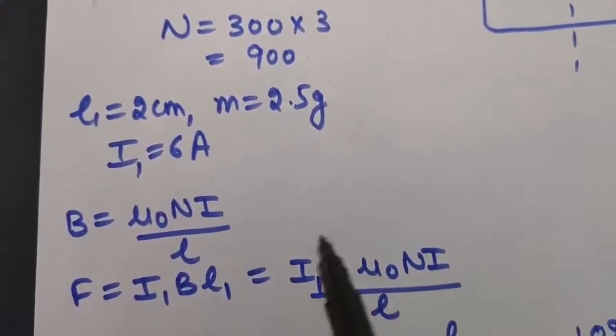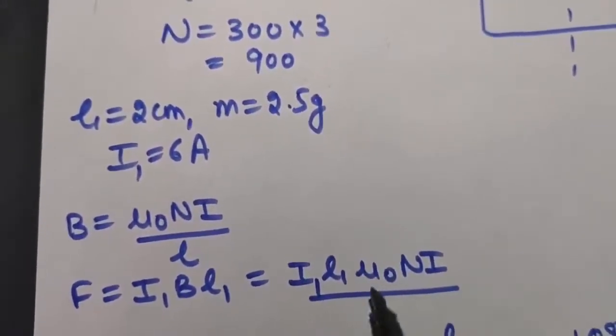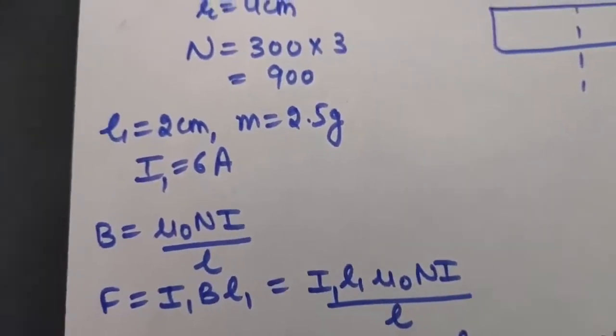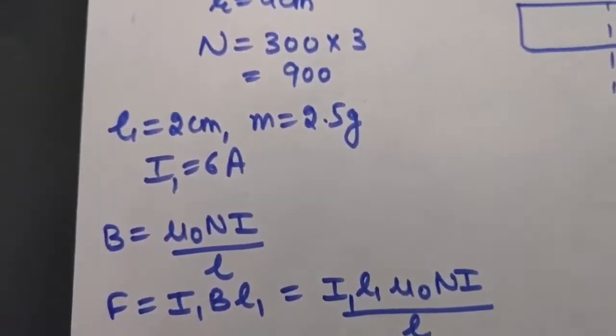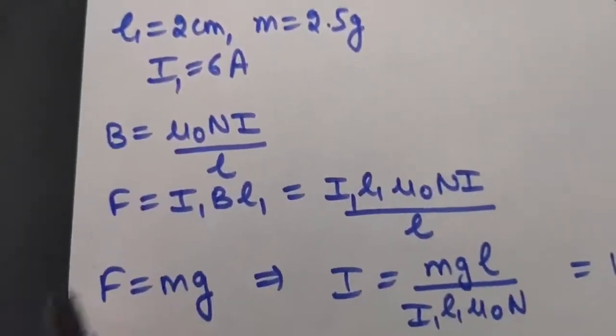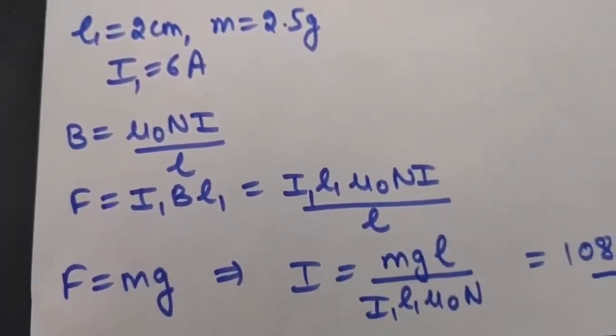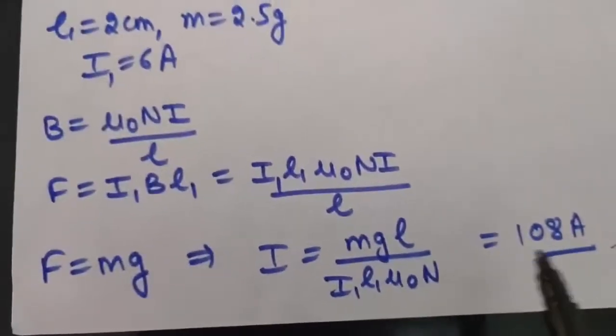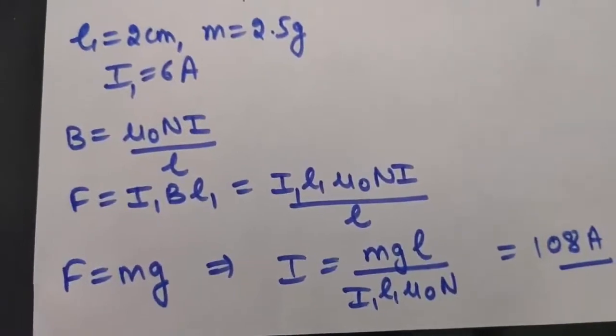So putting the values of B, you will get this much force. Okay, so now in the question it is saying what will be the value of the current for which its weight is balanced. That means this force should be equal to the weight of the wire, only then it can be balanced. Okay, so put the value of force and calculate the value of I from here. You will get it as 108 amperes.